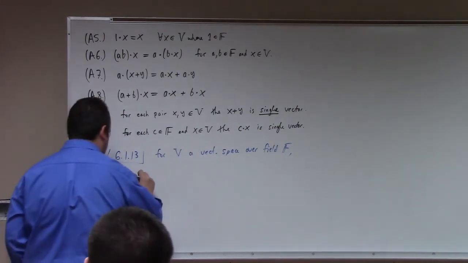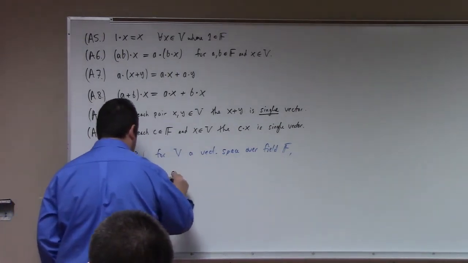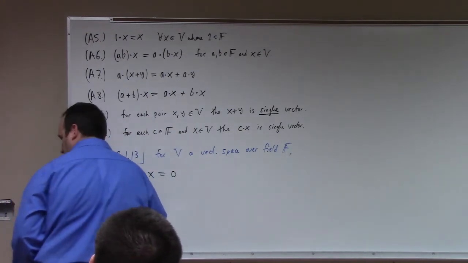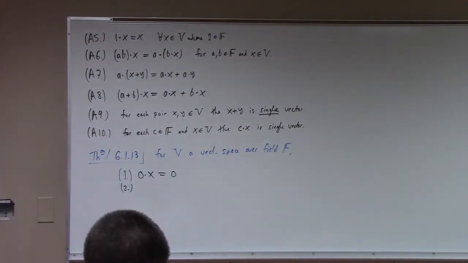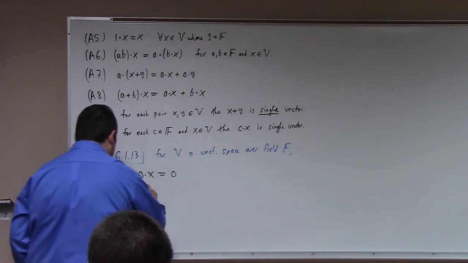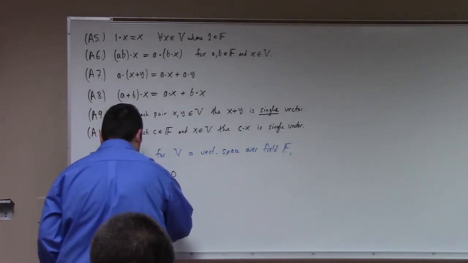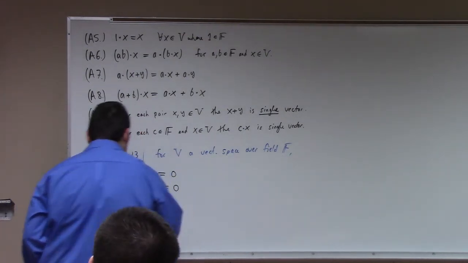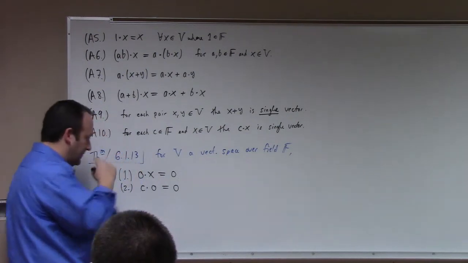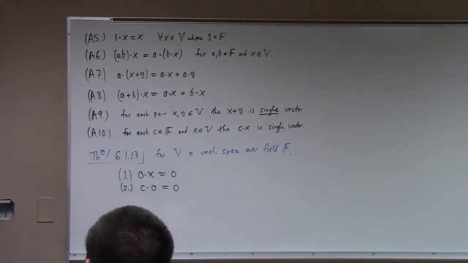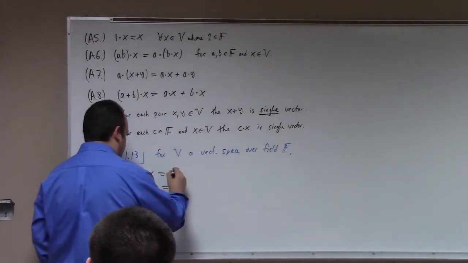First of all, result number 1, 0 times x is 0. Result number 2 here, c times 0 is equal to 0. And I'm going to do something I don't always do, but for the purposes of communicating more clearly what's going on here, I'm going to put a vector on the 0 vector, all right?